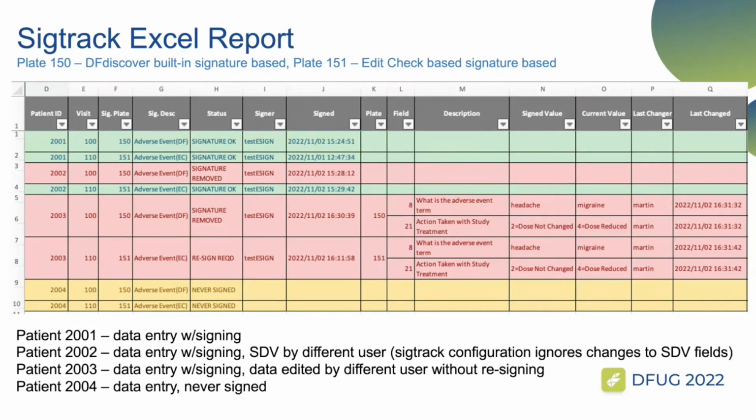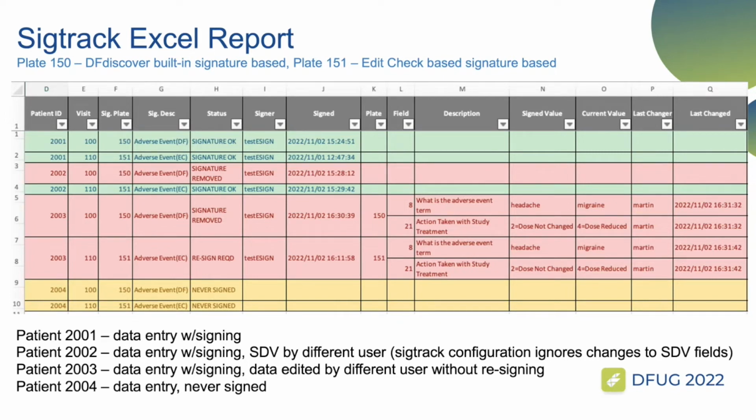The Excel file that it generates is color-coded, as you see, and it has the patient ID, where the signature is, the visit, the signature plate, and the description. This comes from your configuration file. It also has the status of the signature, so it's okay, it's been removed, it needs a resign, or it's never been signed.